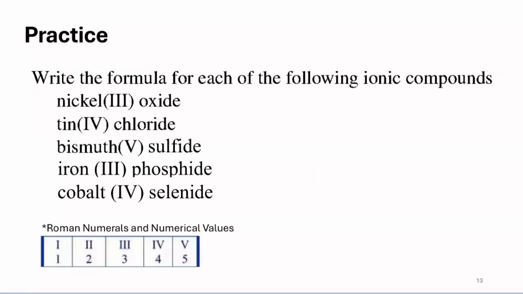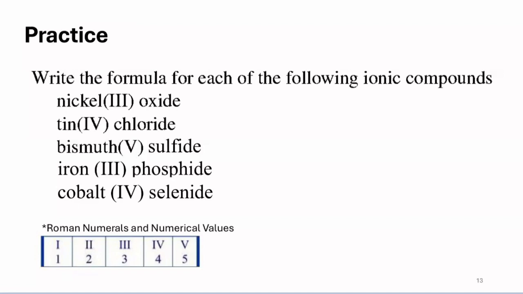Let's now practice: if we're given the name of one of these elements that have variable charge, how do we write their chemical formula? It is important to note that when it comes to metals that have variable charge, the charges are going to be given in parentheses by a Roman numeral.